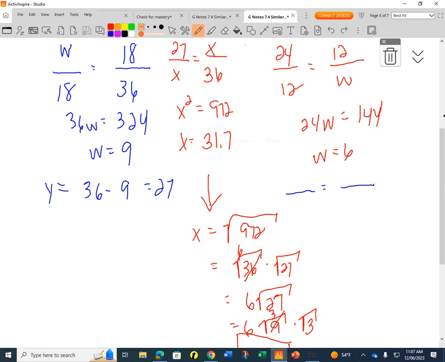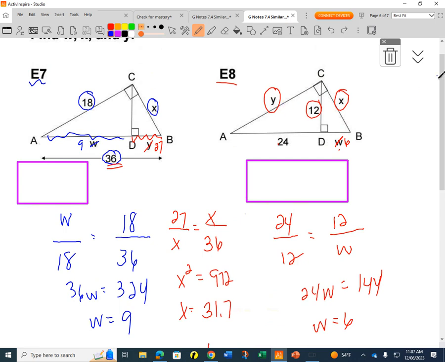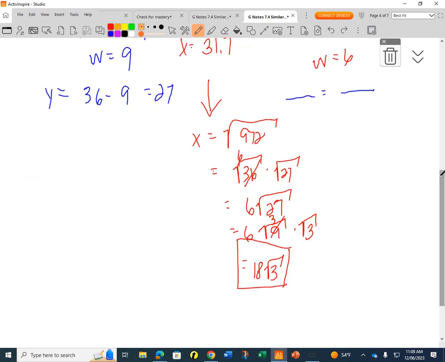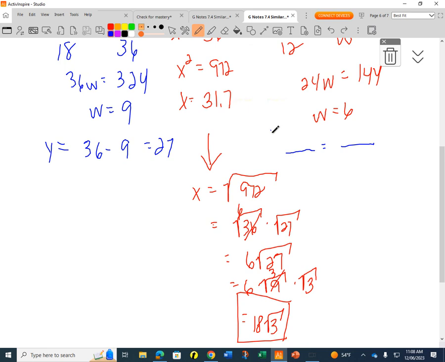Fill in the four parts of the proportion. Where does the extreme go? Where does the mean go? It goes in the bottom left and top right. Remember, the mean is the expression that's floating, and we are solving for y now. So y and y.